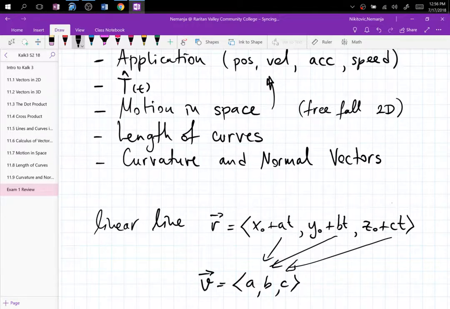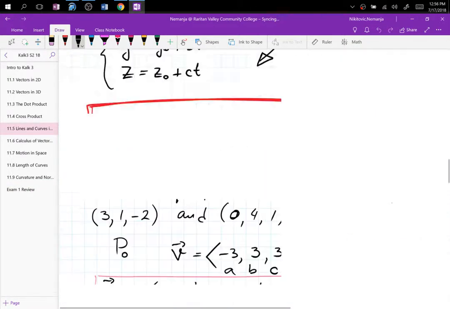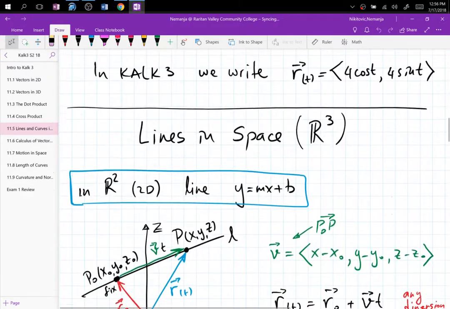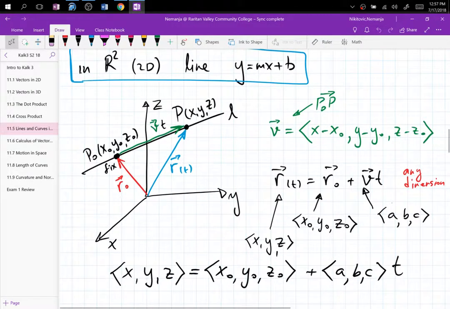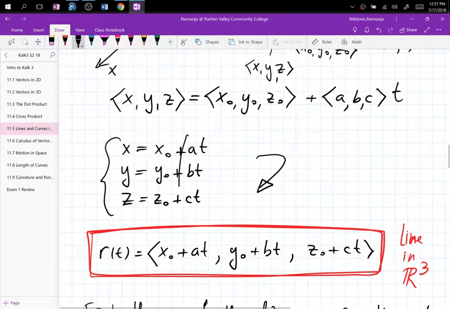And if you go back into lines and curves in space, what was the first thing that we talked about? Well, second thing we talked about, lines in space. Look at a green line over there. That's vector V, and its components are A, B, C. So if I give you a line in this form, your vector is included.